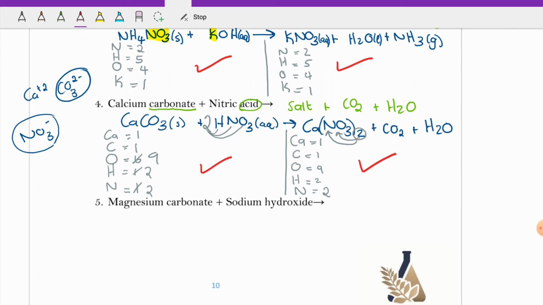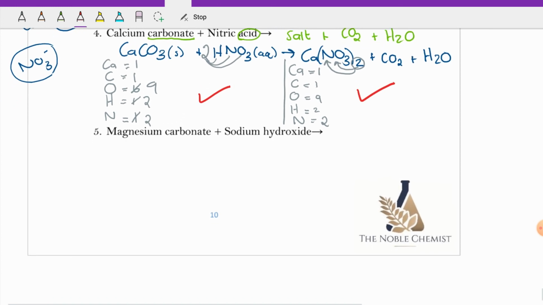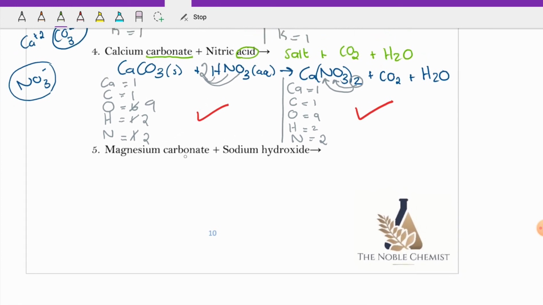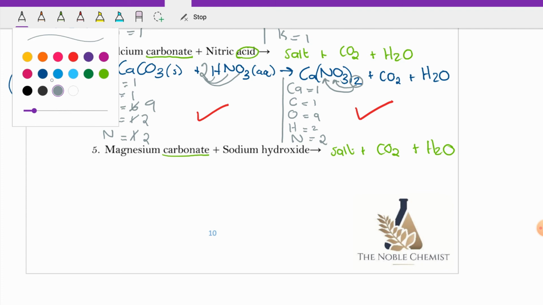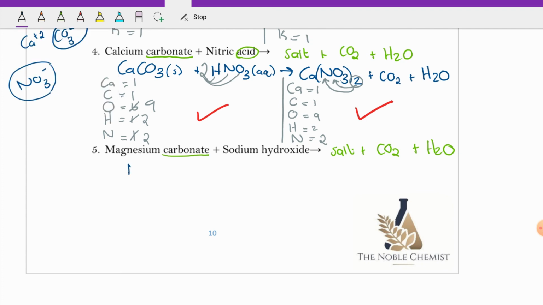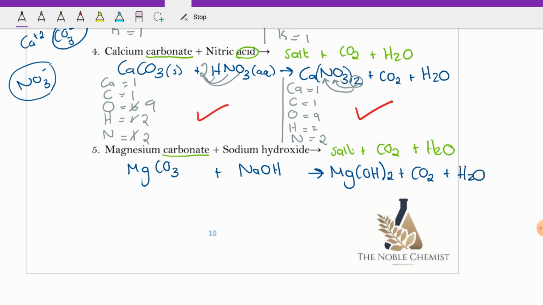Okay, looking at our last example where we have magnesium carbonate and sodium hydroxide. So again, another carbonate will give you salt plus carbon dioxide plus water. So if you go and write down your balanced reaction equation, magnesium carbonate plus sodium hydroxide, and the salt that you will form is magnesium hydroxide, double displacement reaction, plus carbon dioxide plus water.